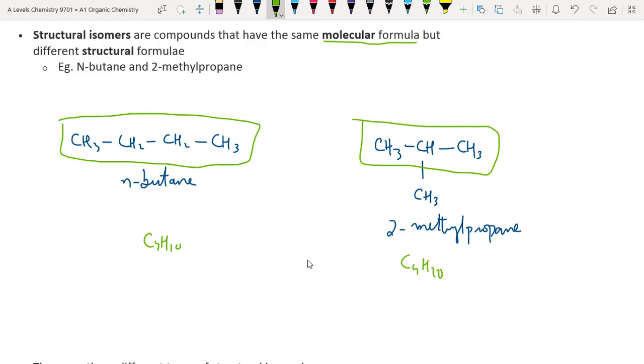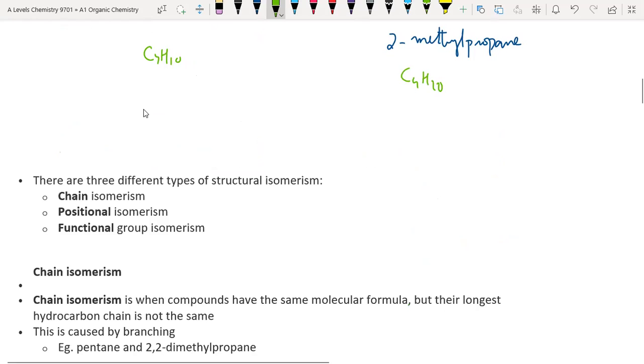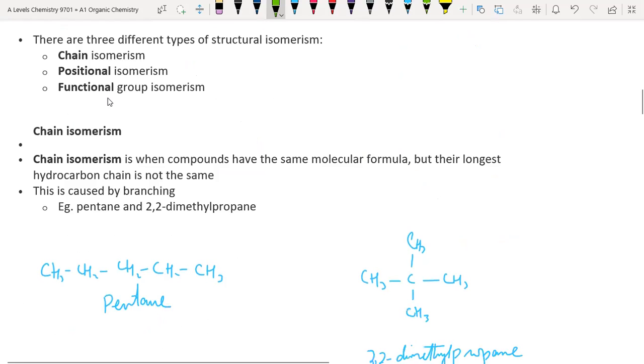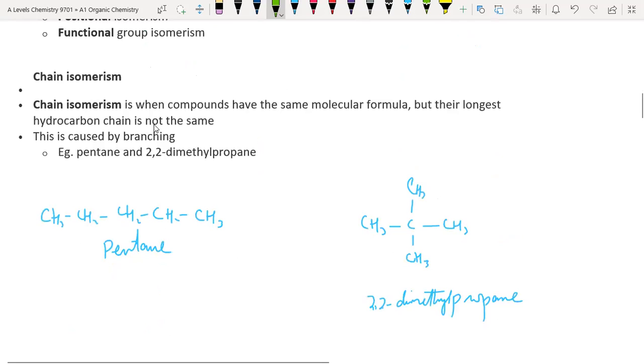Both of these structures have the same chemical formula but different structures. Structural isomerism is further subdivided into three main categories, that is chain isomerism, positional isomerism, and functional group isomerism. First of all, we are going to have a look at chain isomerism.